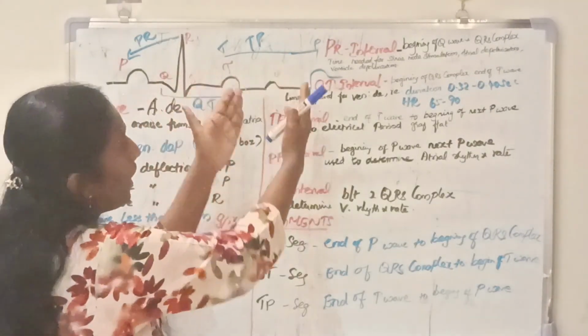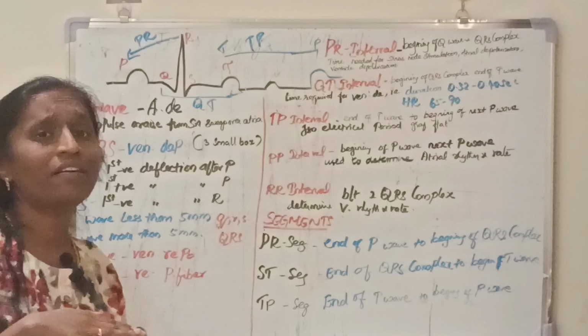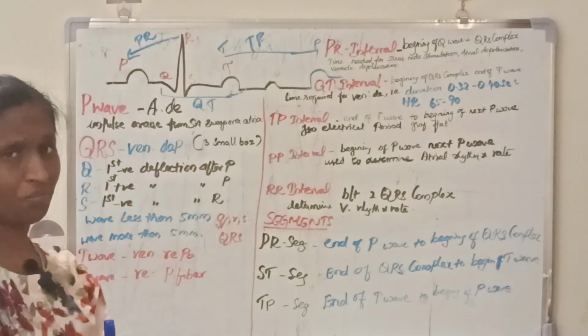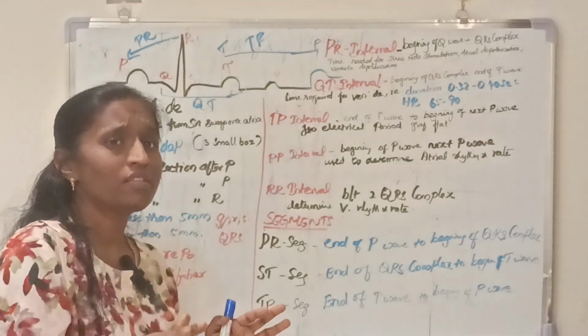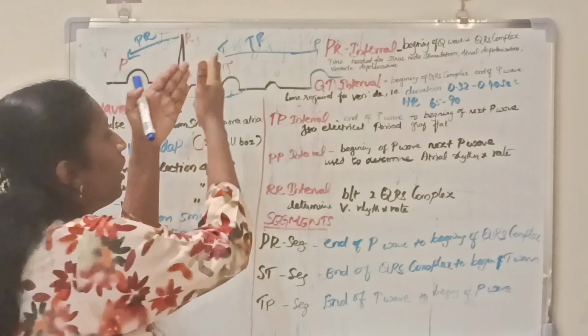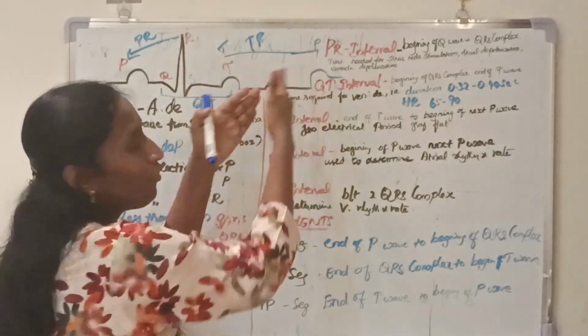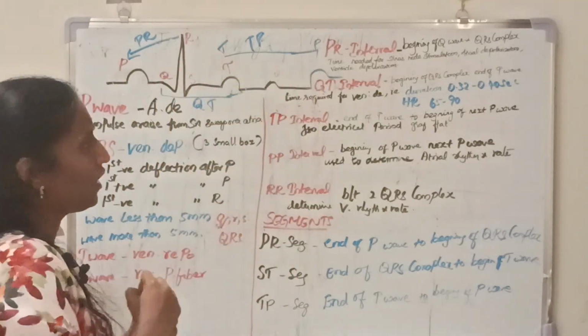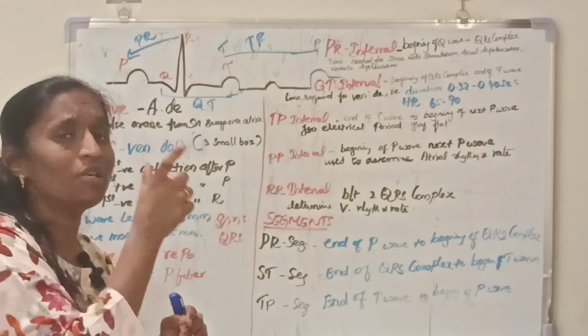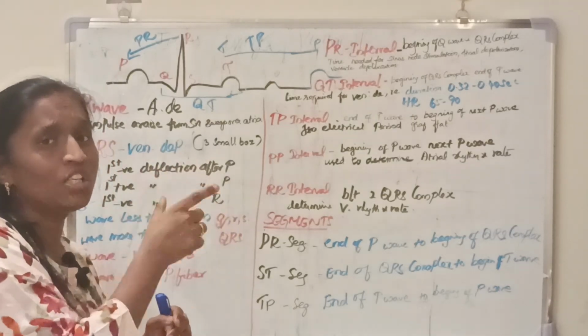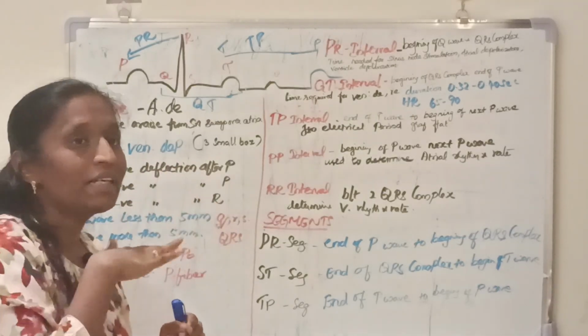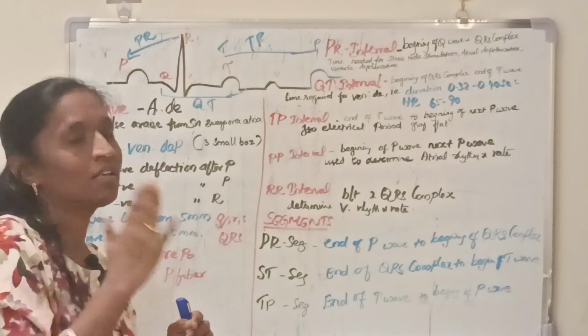In between there is an isoelectrical state. Isoelectrical state means there are no electrical impulses between the end of the T wave and the beginning of the P wave. So you can see a flat line in between the TP interval, which is represented in the graphics.